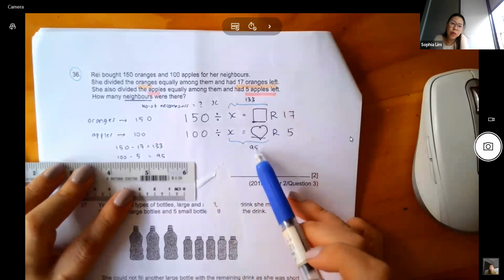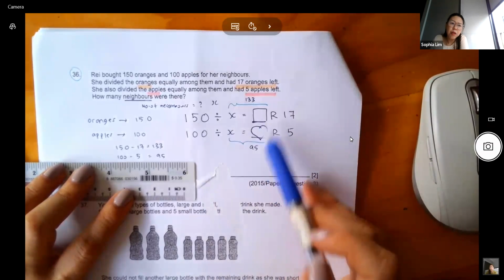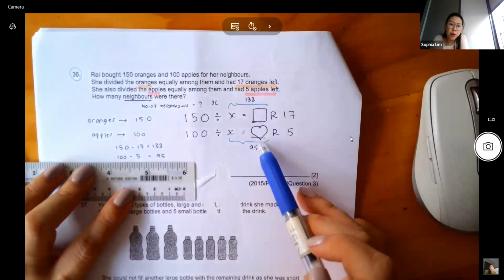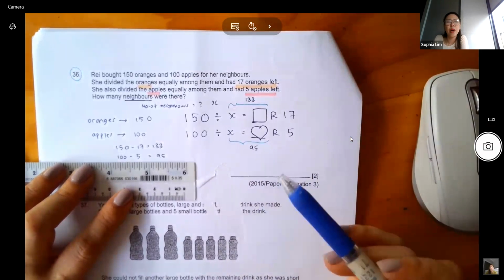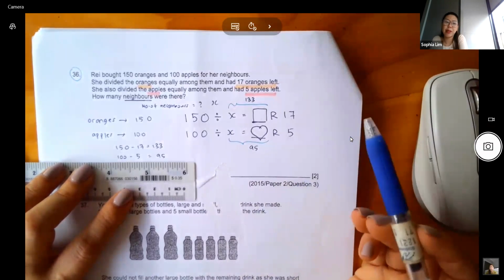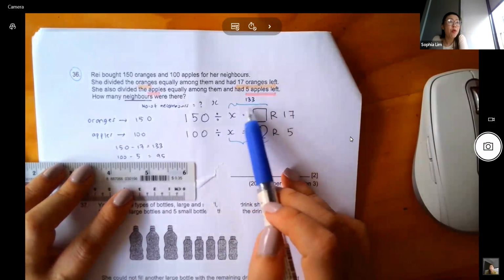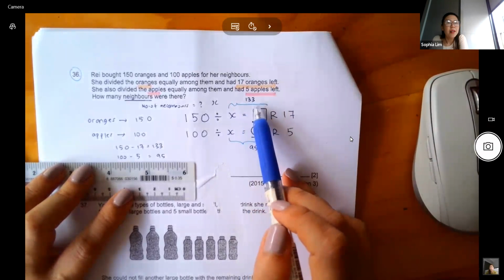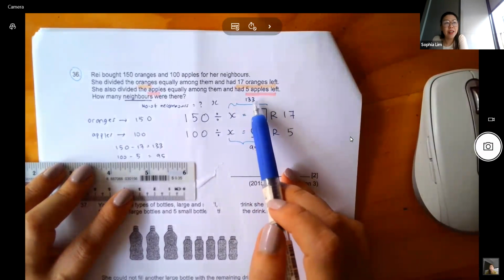But you take a look at these 2 numbers, 133 and 95. In terms of common factors, I will not work on 95 because 95 will have a lot of combinations. For example, 1 times 95, then 5 times something else. But this 133 looks a little bit odd because it's not an even number.